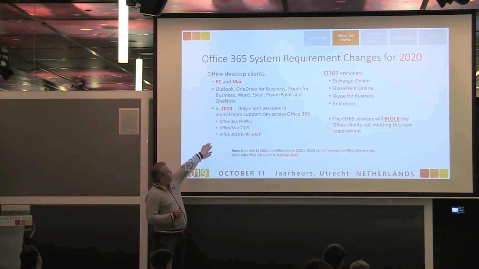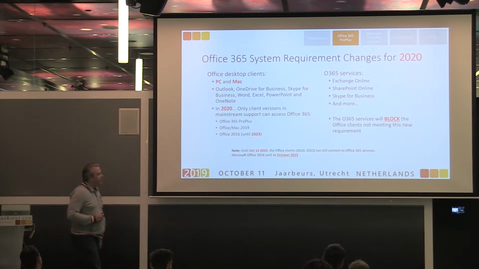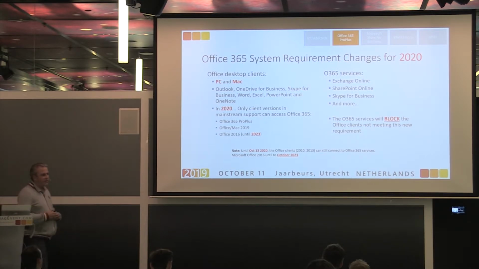And I think the minimum version will be Office 2016, which is allowed to communicate with Office 365 because of all the modern authentication changes in the service. So make sure, if you're using older versions, to update to at least one of the supported versions, or to Office 365 Pro Plus, and then you will have support all the time.